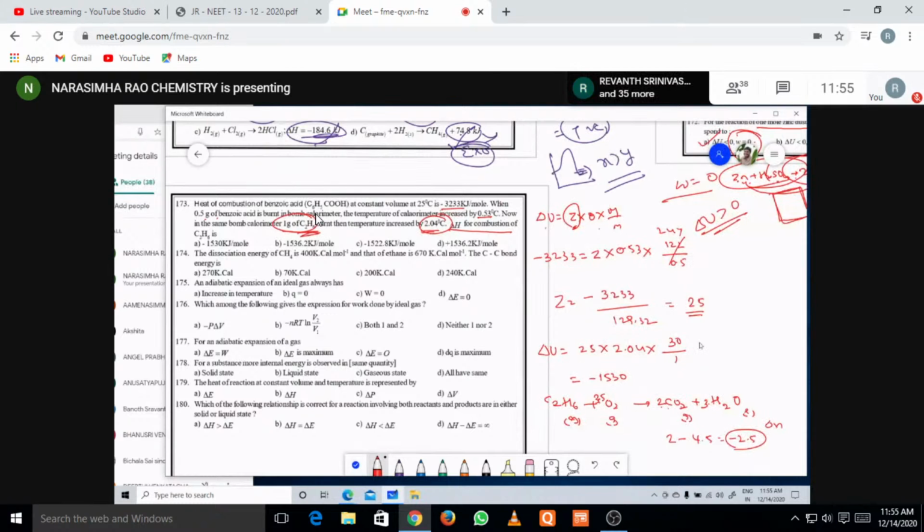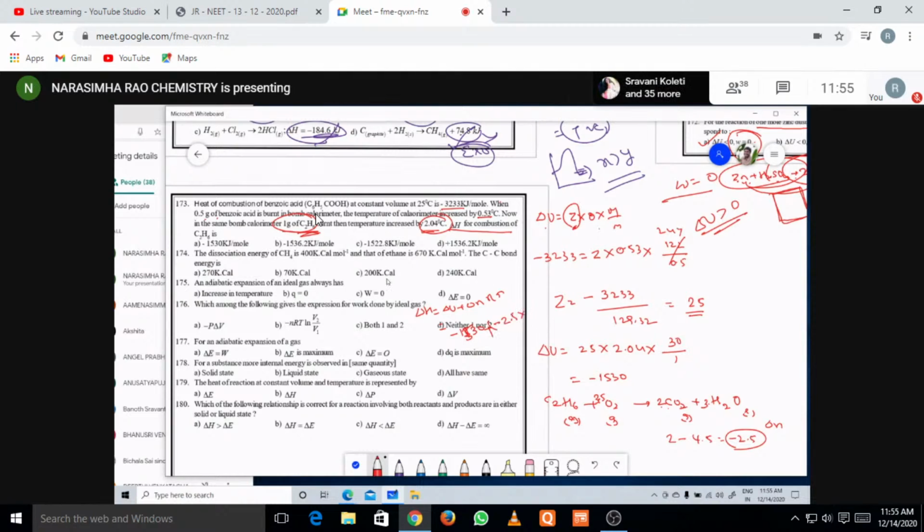Now, what is the relation between delta H and delta U? We know, children, delta H is equal to delta U plus delta n RT. So delta U, I got minus 1530, plus minus 2.5 into R value.